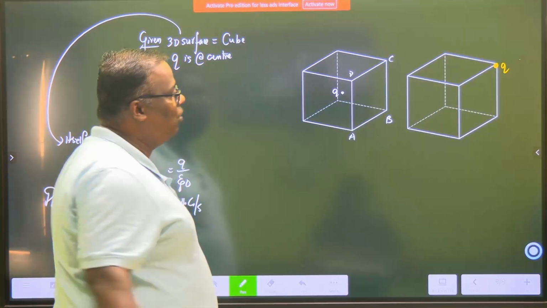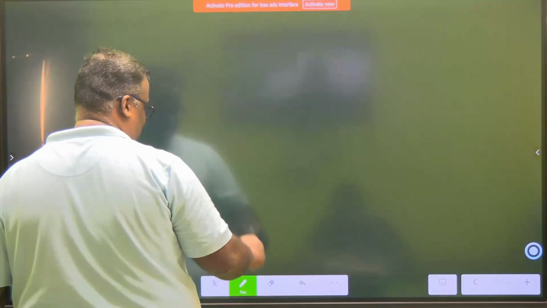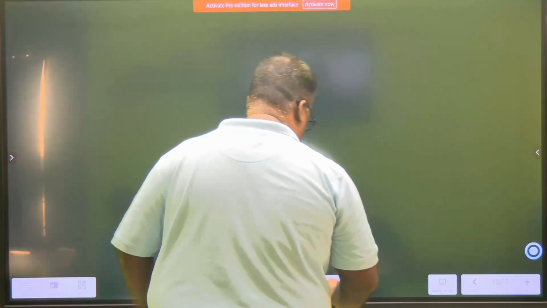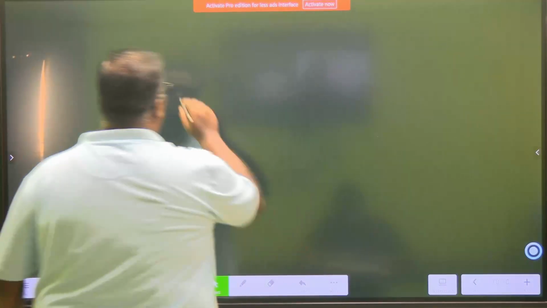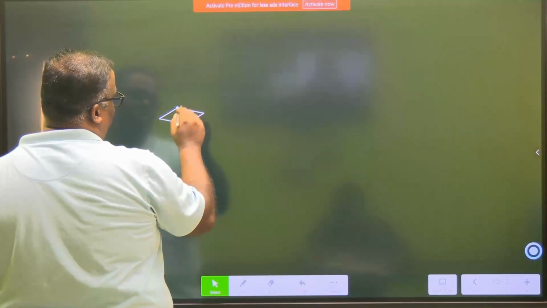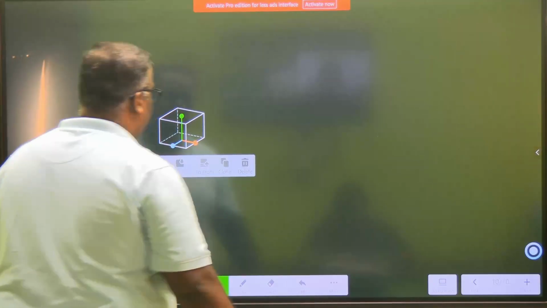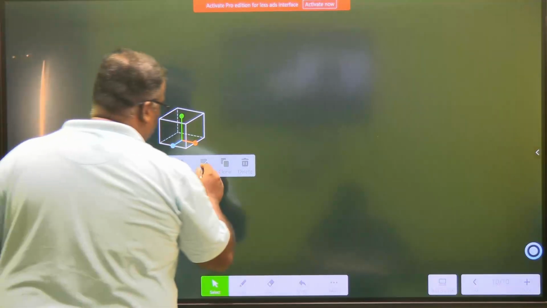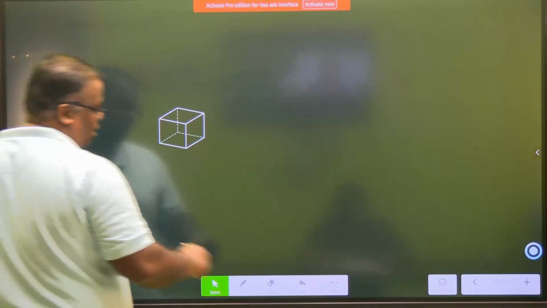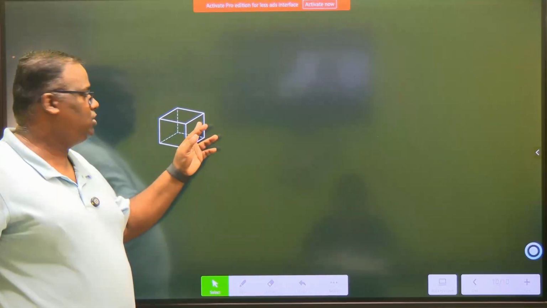So for your understanding purpose, we can do it like this. Just see one diagram. It will become interesting. Let's make 1 cube, small in size. Have you understood this? Fine. Where is your charge, children? I will draw the charge later. Mark this cube.